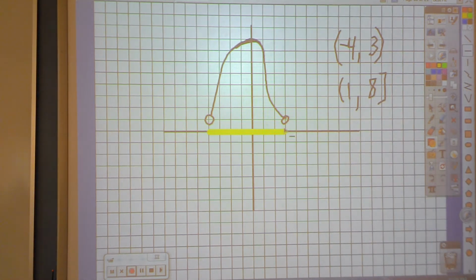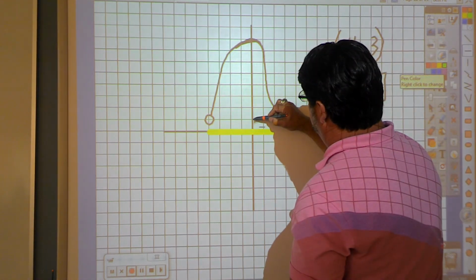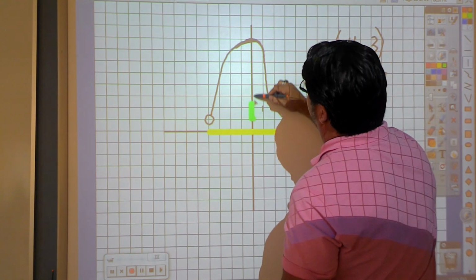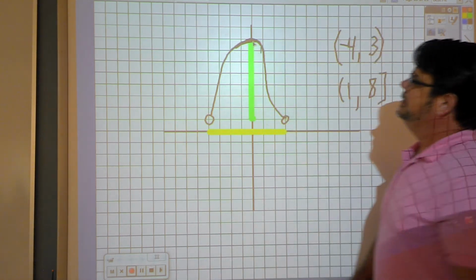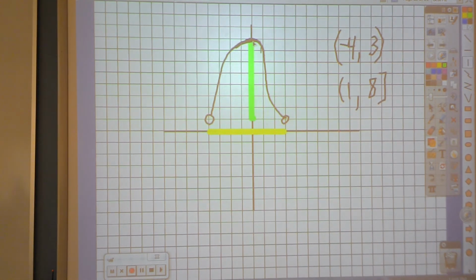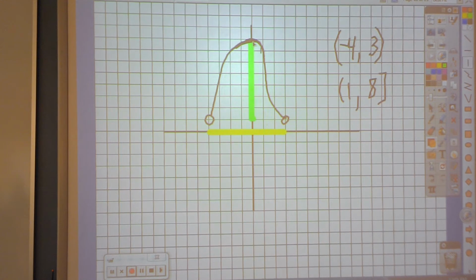Now, we're gonna get our green, and we're gonna do our range. An open circle and a line, there you go, so you have a parentheses and a bracket. So on the range, it physically has to touch for it to get a bracket. Exactly.